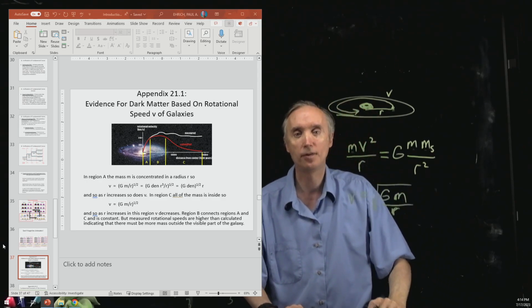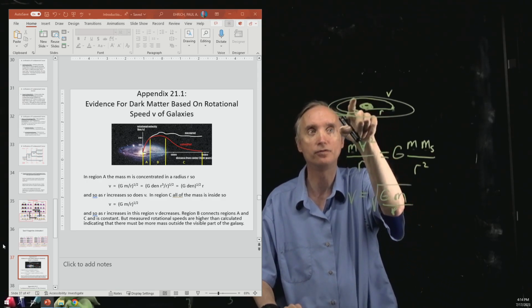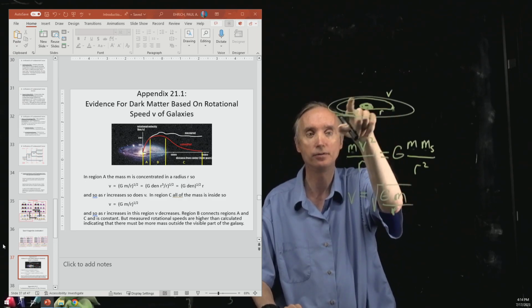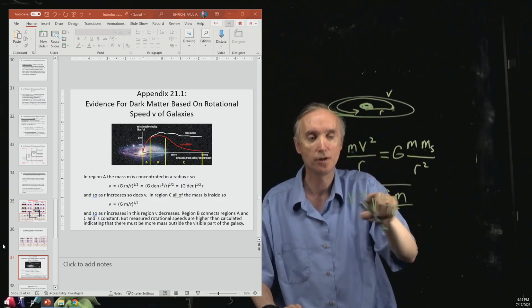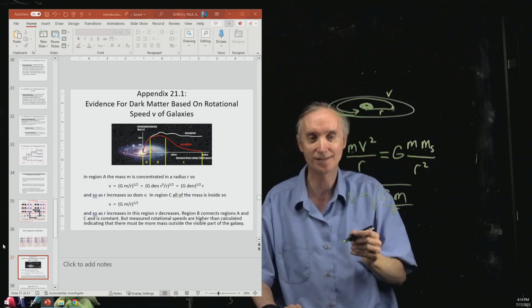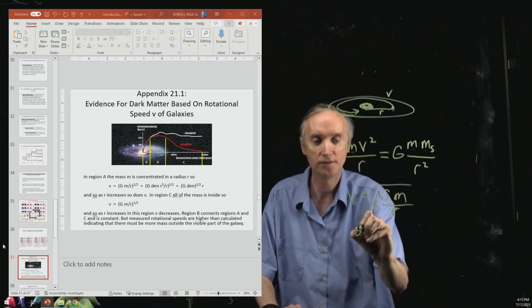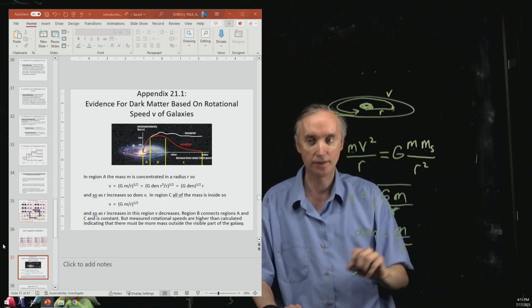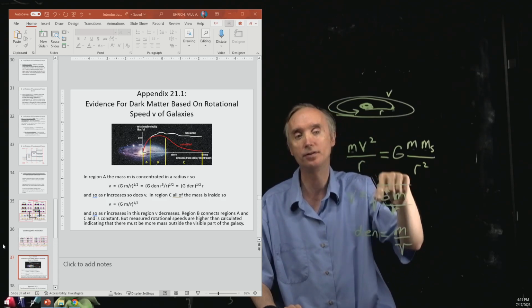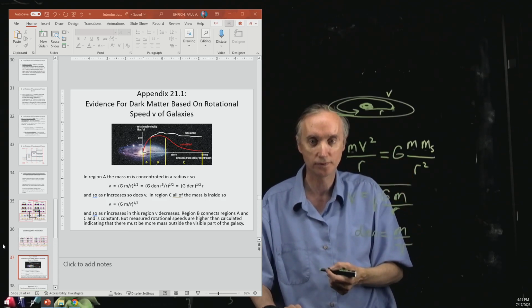However, the mass is not uniform inside of here, so instead of mass, we could write it in terms of its density. Density is equal to mass divided by volume, and the volume could be written in terms of the radius.